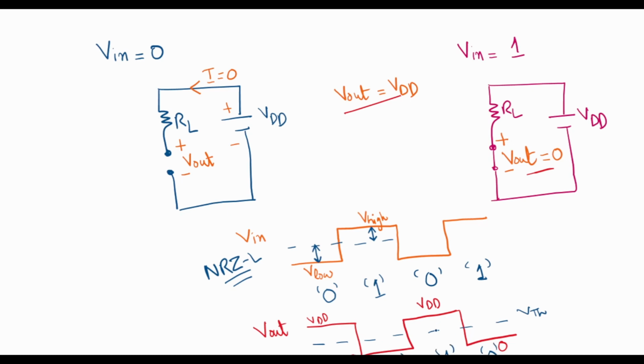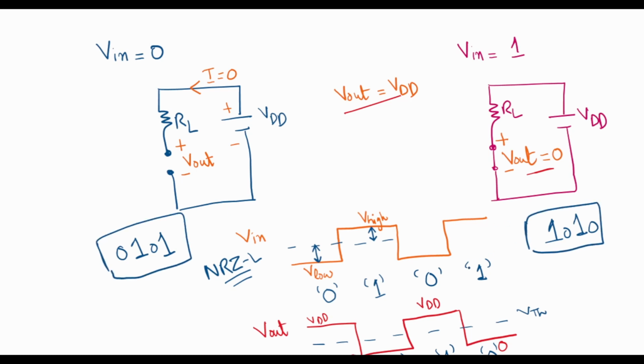So the output bit stream would become 1 0 1 0 when an input of 0 1 0 1 is applied. So this is nothing but NOT gate operation which we have achieved using this circuit here.